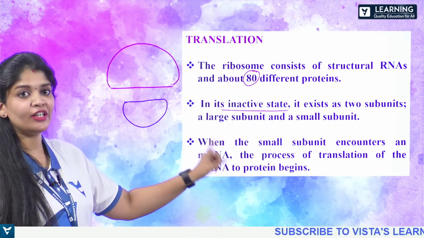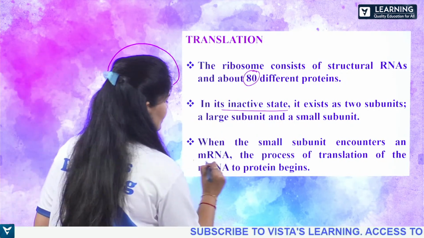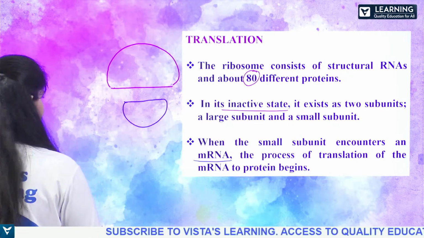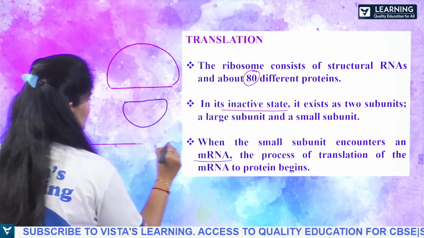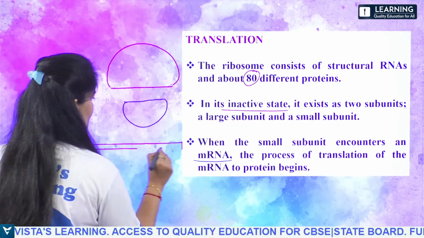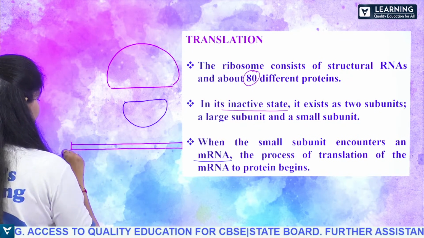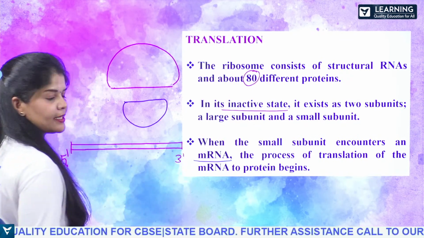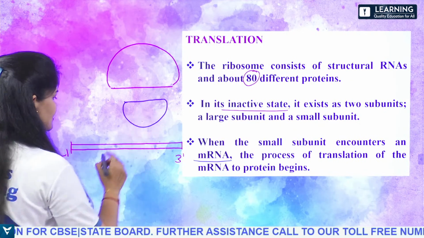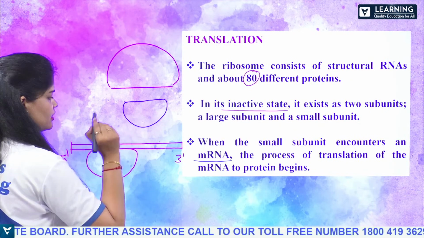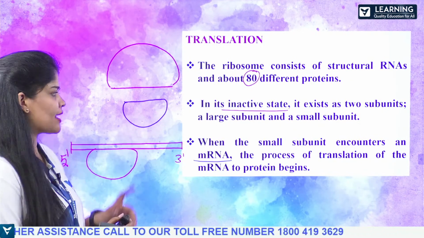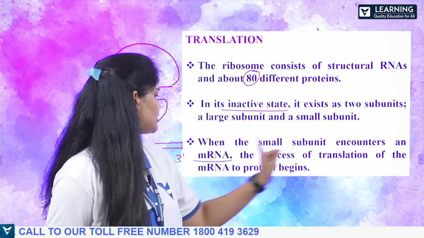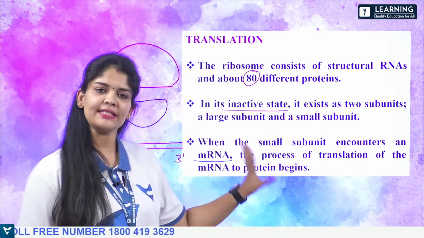When the smaller subunit encounters an mRNA, see, consider this is an mRNA which runs from 5' end to 3' end. When the smaller subunit encounters the mRNA, the process of translation of the mRNA to proteins begins.